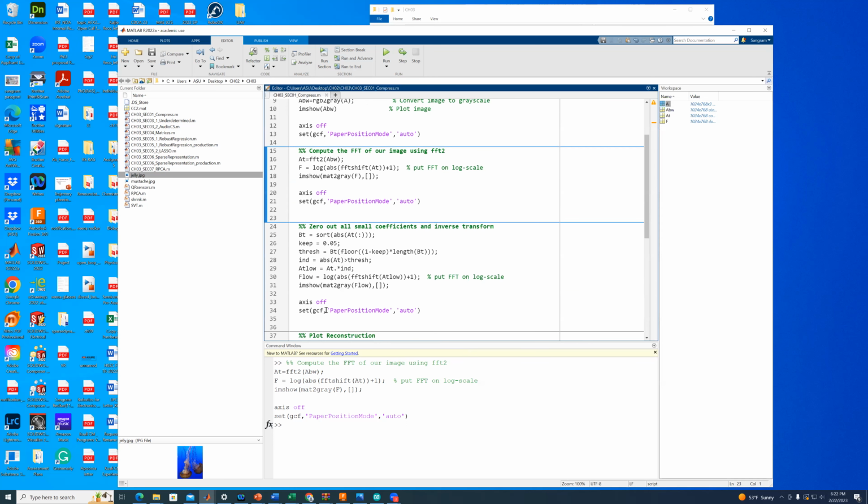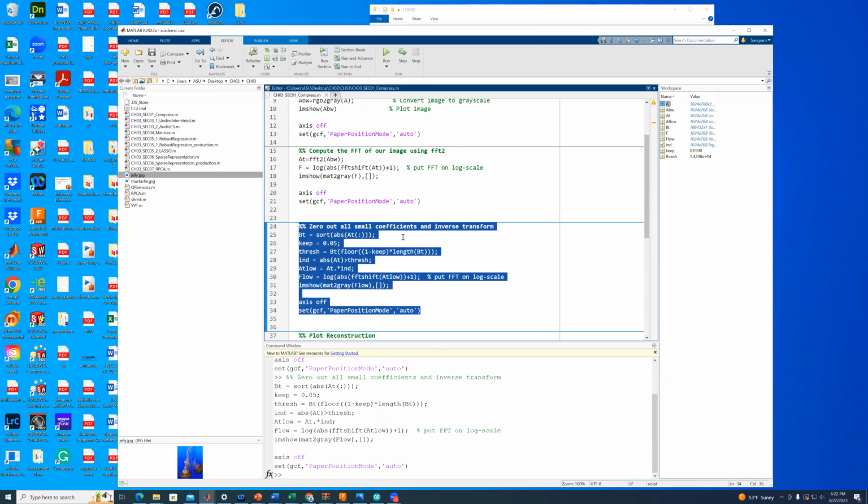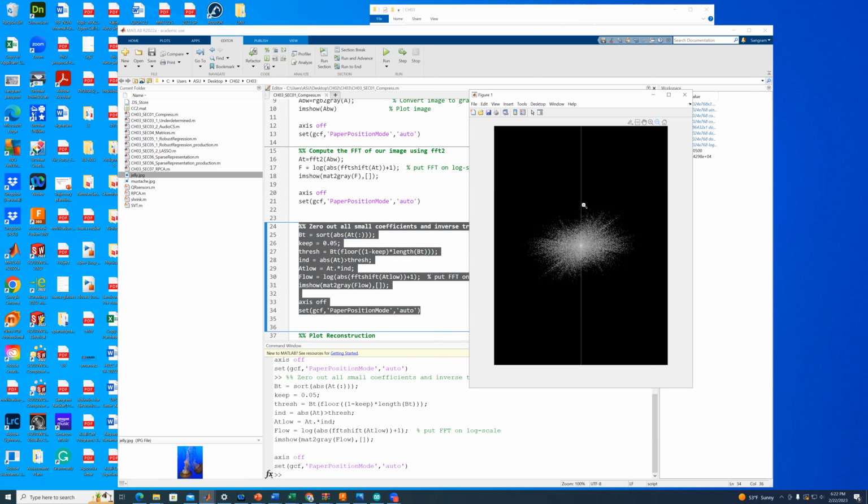So here is the next part. I'm going to sort this and then keep just the most important 5% of the numbers. Then I'm going to plot these numbers just to see the relative strength. As you can see, everything here is black, and I have this most important data stored here.